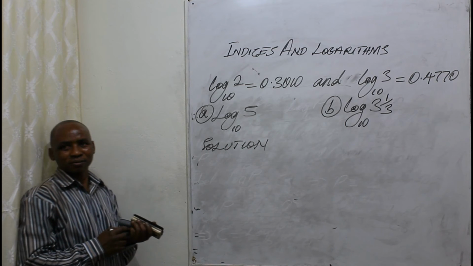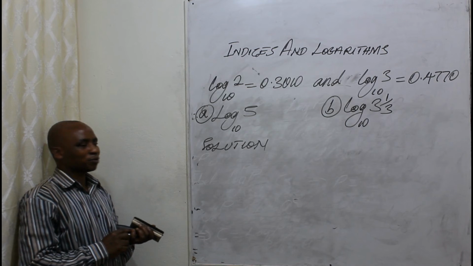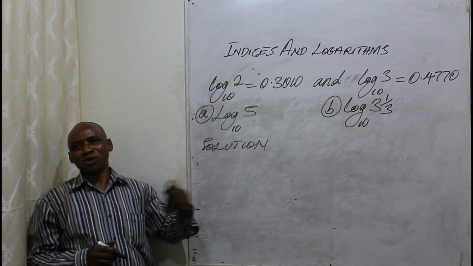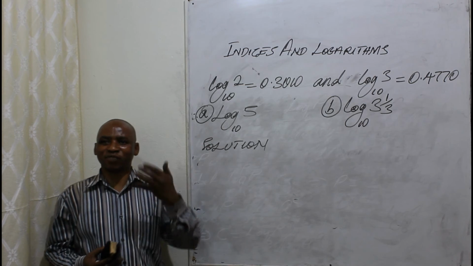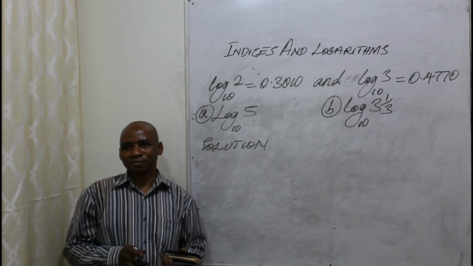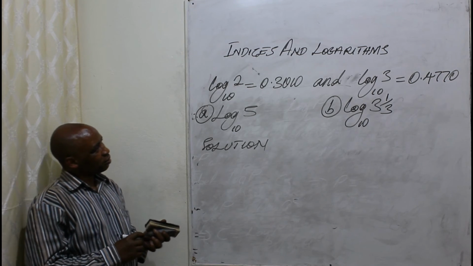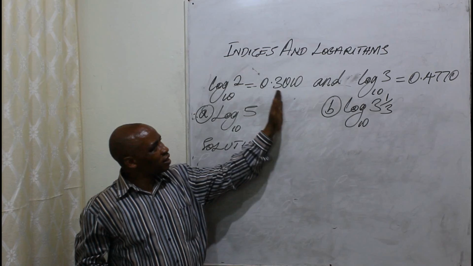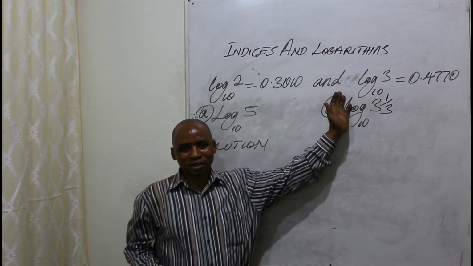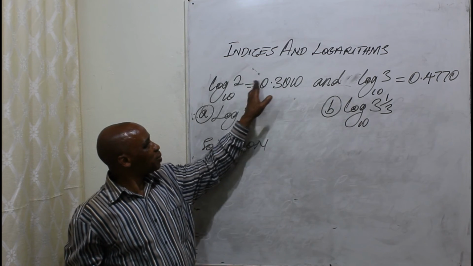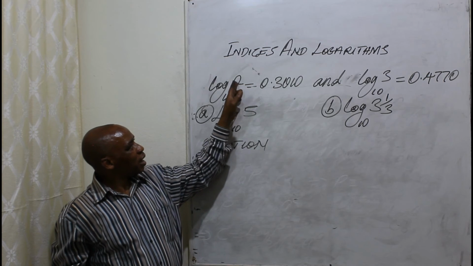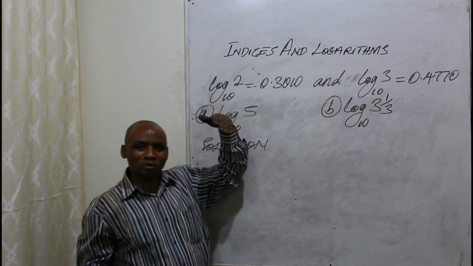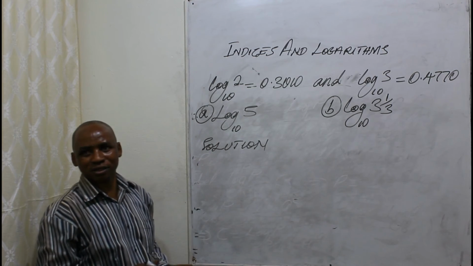Now solution. Don't forget, we are to evaluate. And when we say you are to evaluate, it means you are to find the value of it. And with the prelims given, we must express the various questions so that we will end up getting 2 inside the expression.